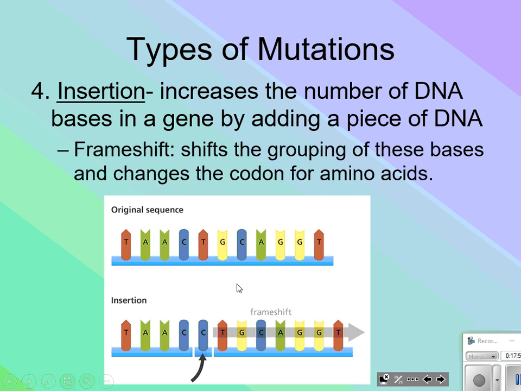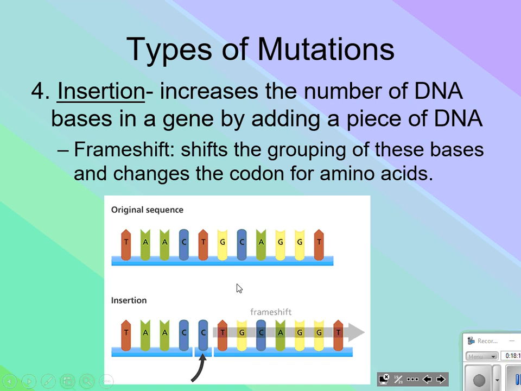Now, a frame shift. A frame shift, I told you we would get to this. A frame shift shifts the grouping of the bases and changes the codon for amino acids.